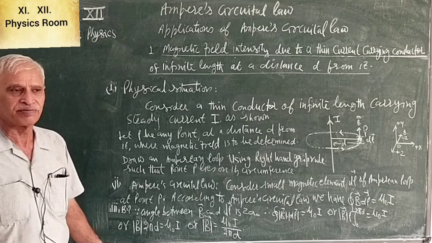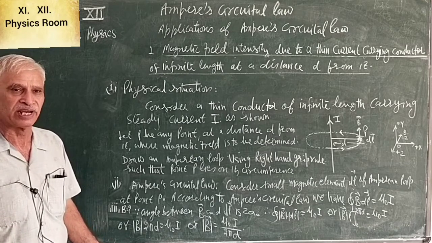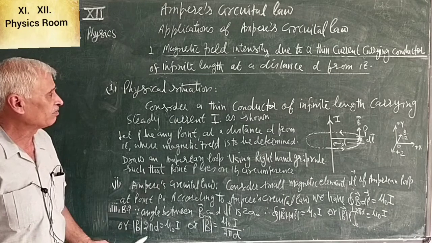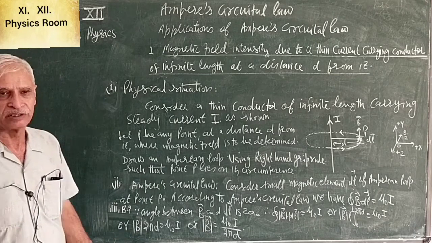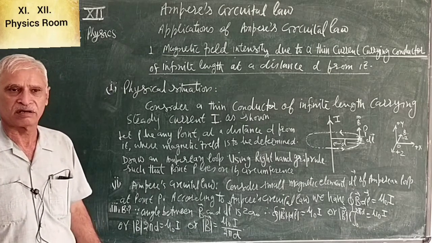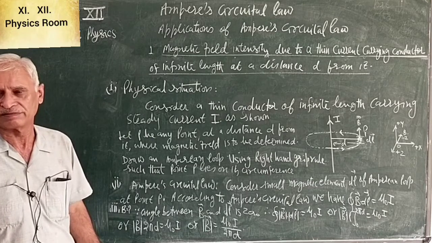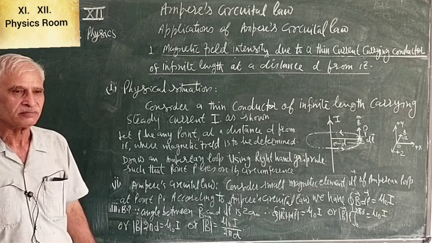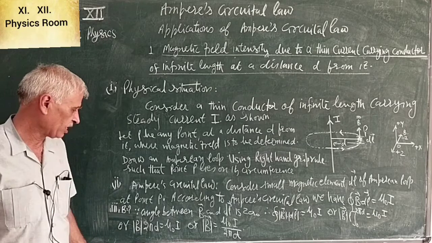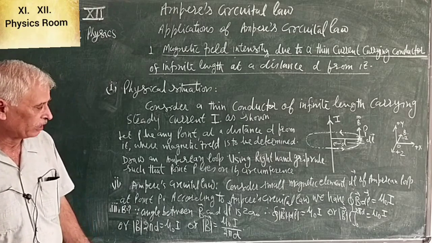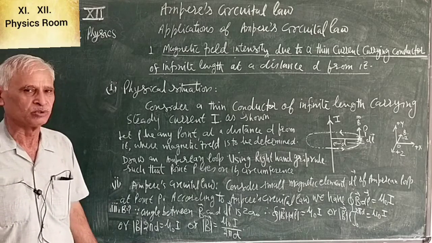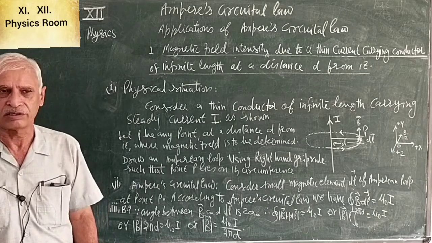So with the help of Ampere's circuital law, we can also find the magnetic field intensity due to a thin conductor of infinite length at a distance d from it. This is how we can calculate magnetic field using Ampere's circuital law.